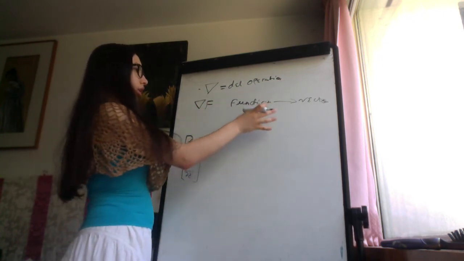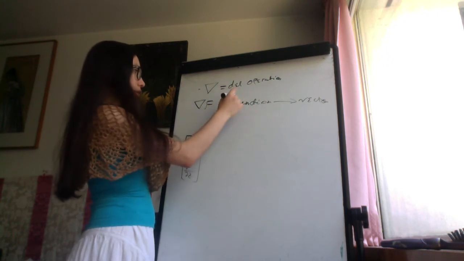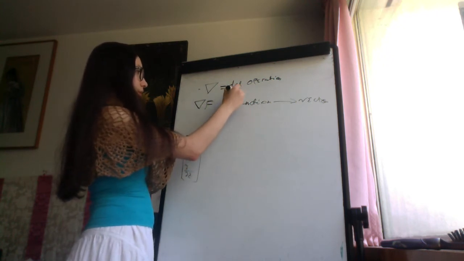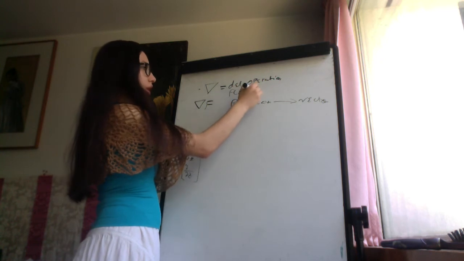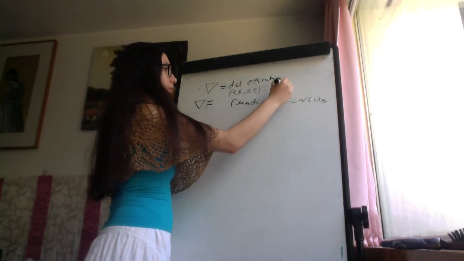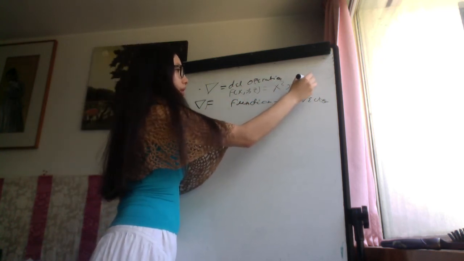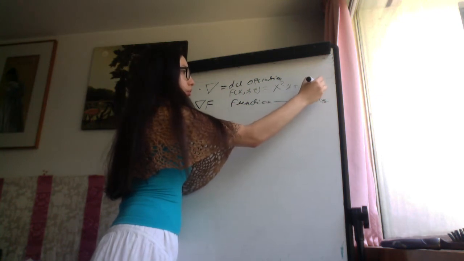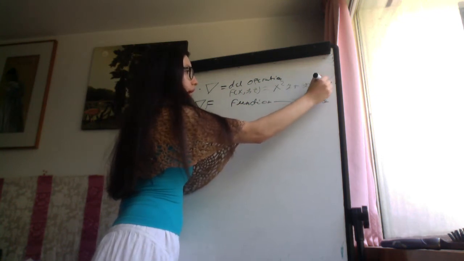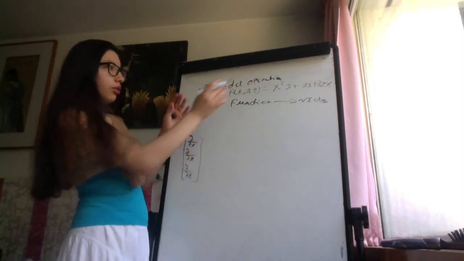This function is just f of x, y, and z. It would be, for example, x squared y plus y x plus 3z x, whatever. This is just a function.